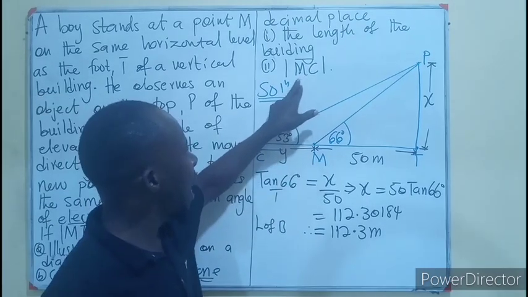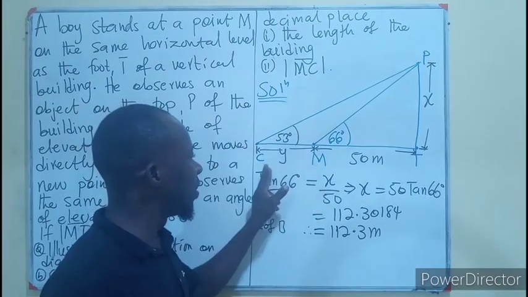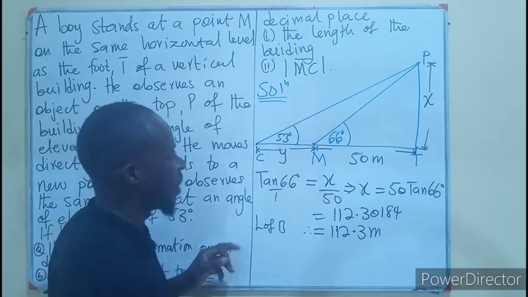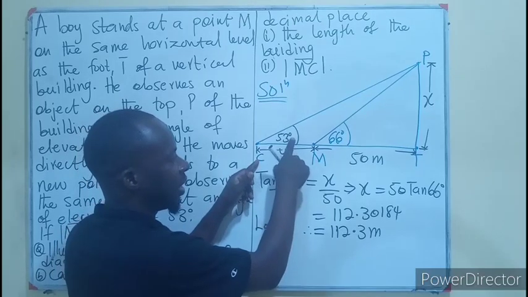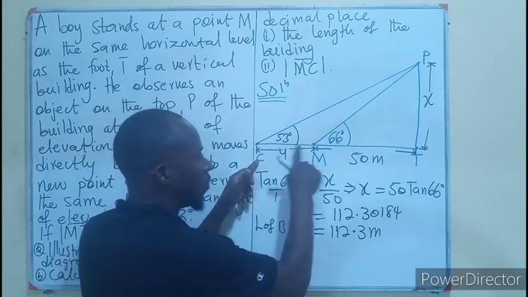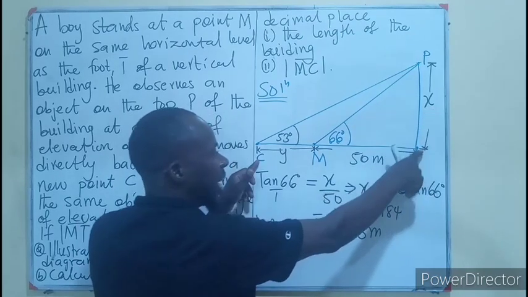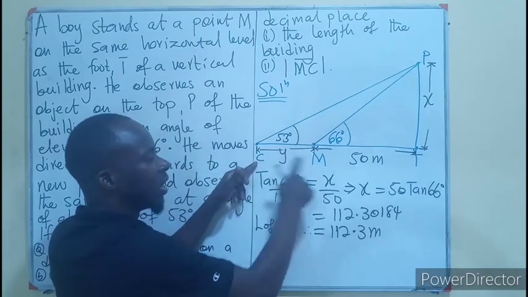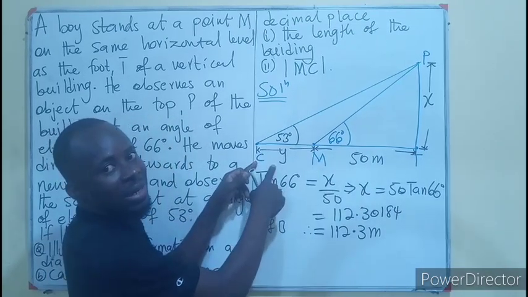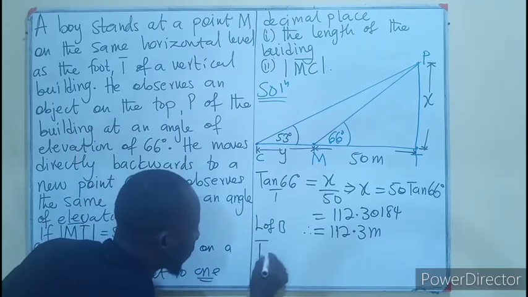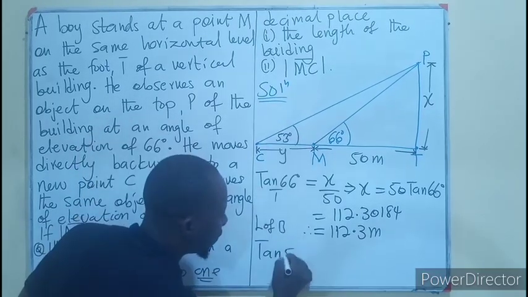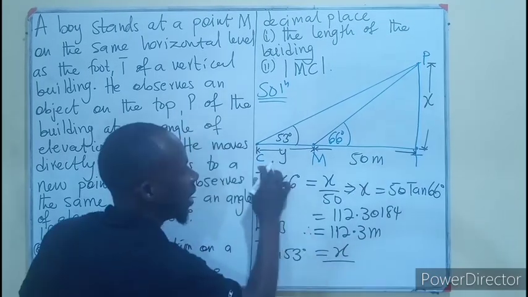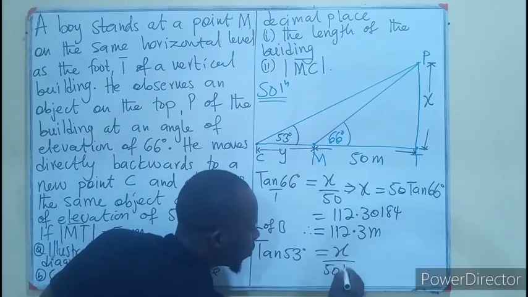The second one is we are asked to find MC, the distance between C and M, which we label as what? Y. Don't forget, if I want to use the angle 53, ignoring 66, the whole of this is going to be opposite, here will be adjacent, which is spanning all the way from T to C, 50 including the Y. So if I want to use tan of the angle 53 degrees equals the opposite side over the adjacent, which will be 50 plus what?